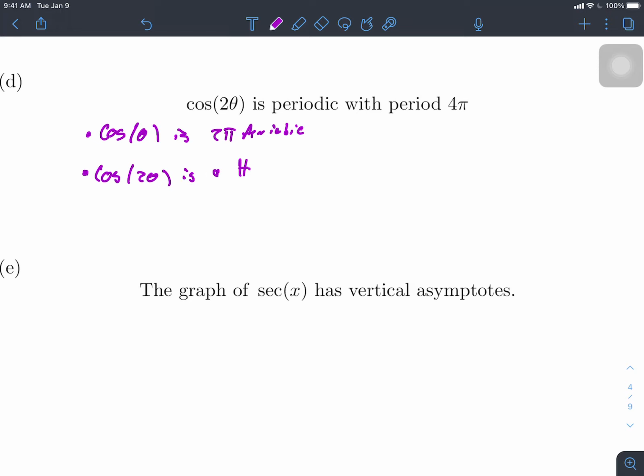I'm trying to understand what transformation is being applied by including this 2 here. If we remember back all the way to section 1.5, we learned how these transformations work. If we multiply by a number larger than 1, which 2 definitely is, on the inside of our parentheses, that corresponds to a horizontal compression.